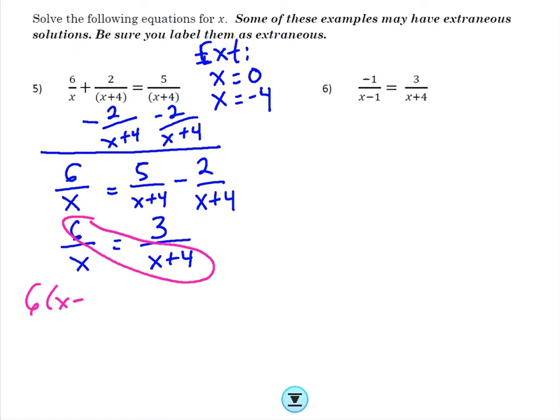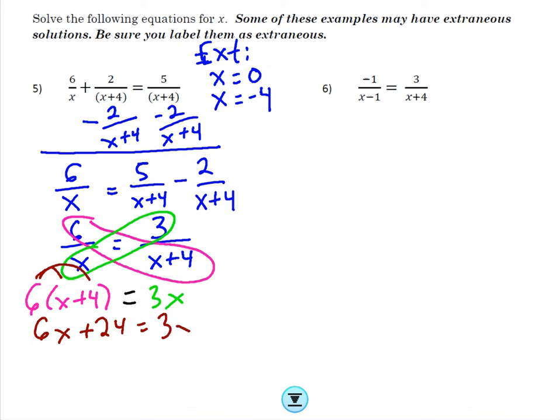6 times x plus 4 equals x times 3, or 3x. We'll distribute. 6x plus 24 equals 3x.